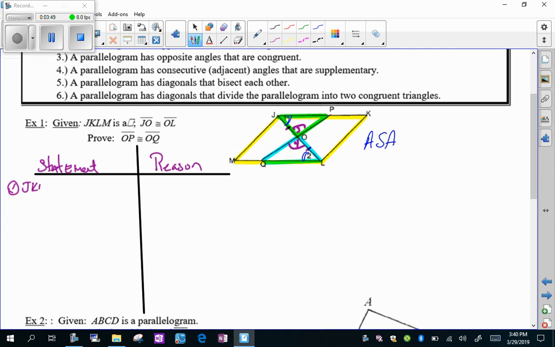The first thing I'm going to write is that JKLM is a parallelogram. I'm going to use a symbol. And I'm also going to write that JO is congruent to OL. And the reason for that is given.